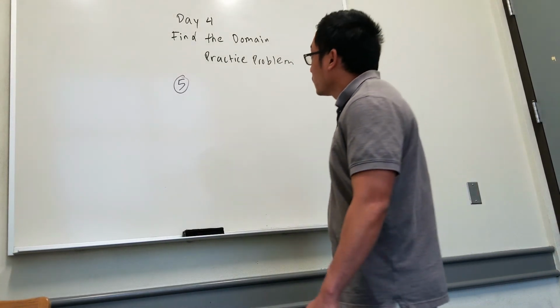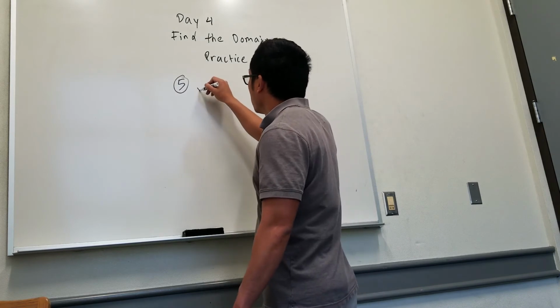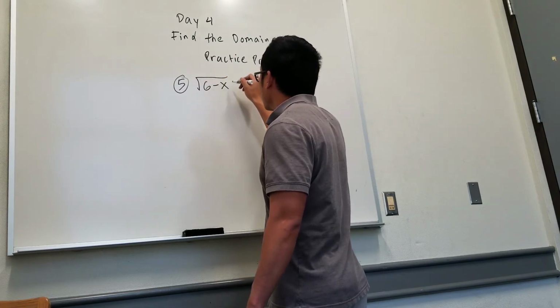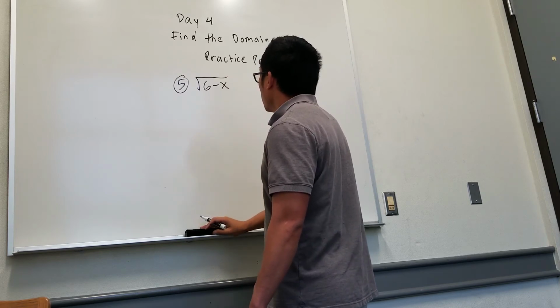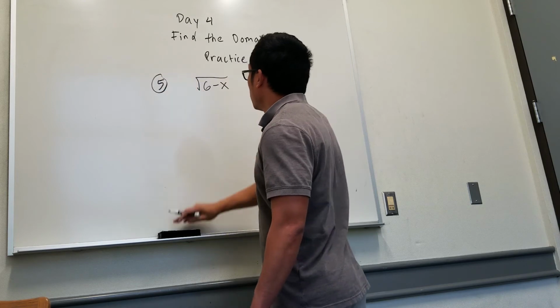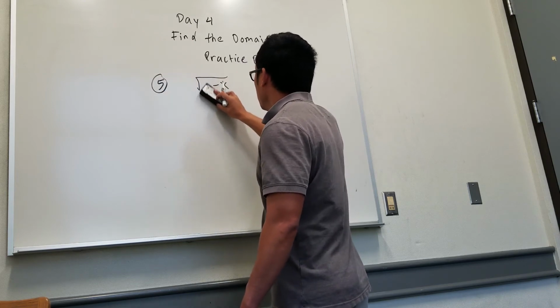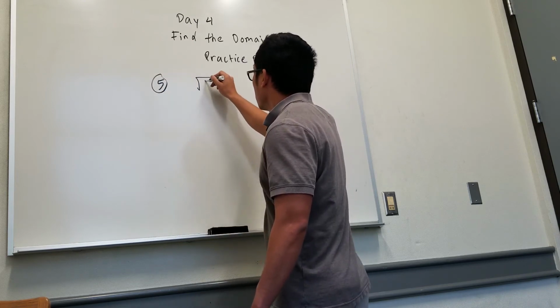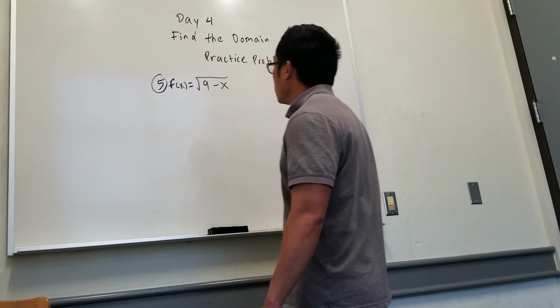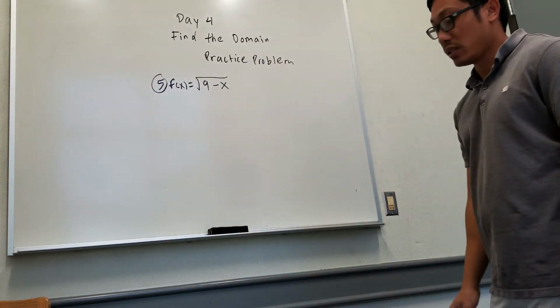Now, what is this? Let's do something a little different. So we have 6 minus x, right? So 5. Let's change this actually, my bad. You could put 6 if you want, but I'm going to change it. 9 minus x. I'm going to tell you why later on. But now, okay, I'm going to tell you now anyway.